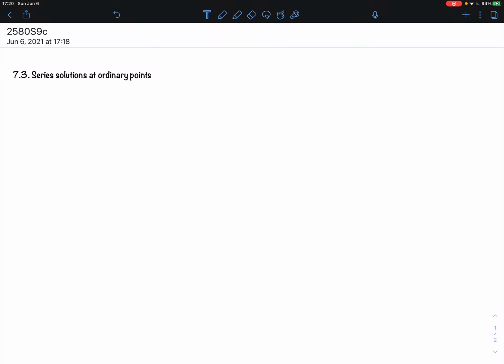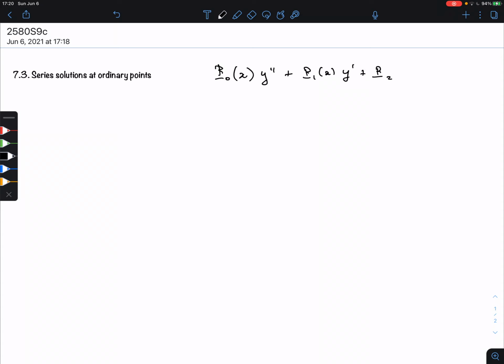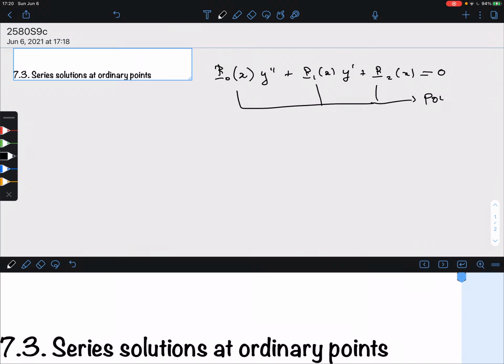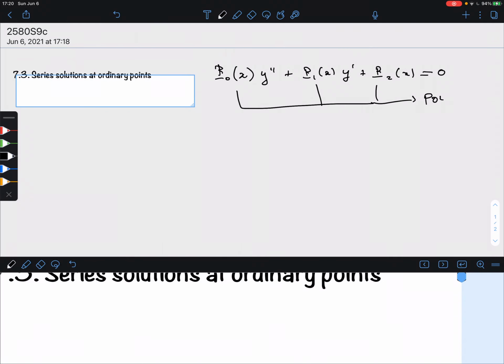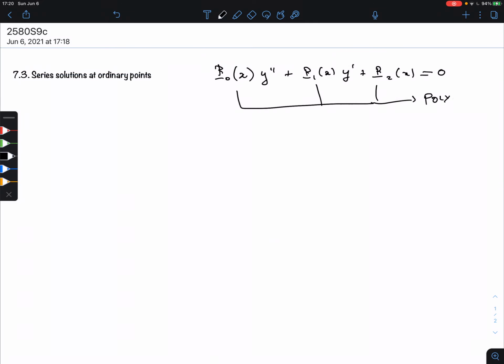So I remind you, the situation that we will typically be in is we have the coefficients are polynomials now, not constants, of our second order differential equation. So these are polynomials.